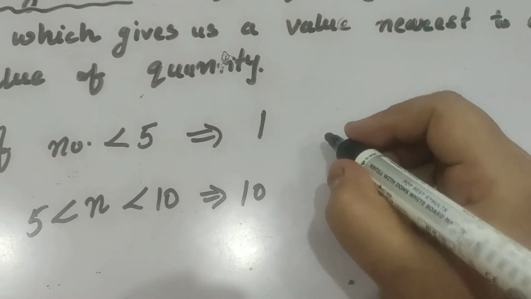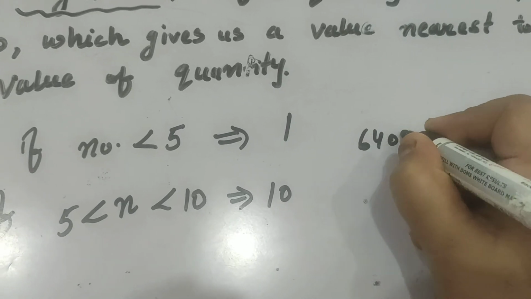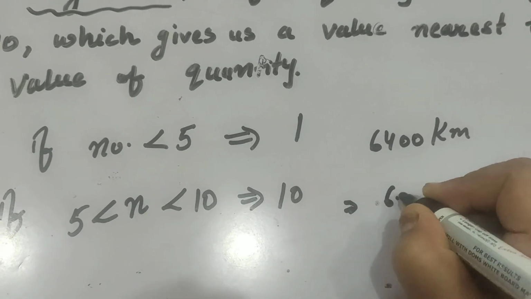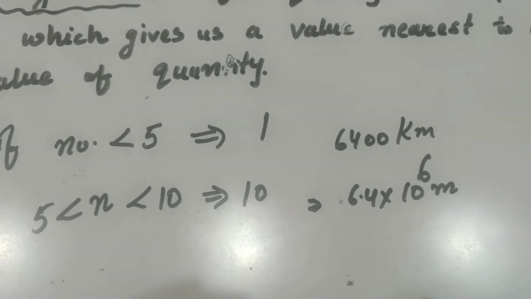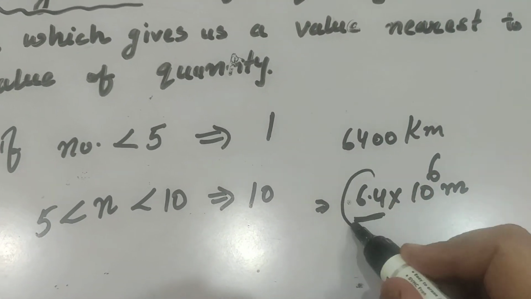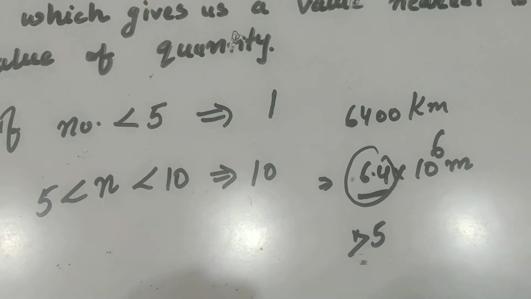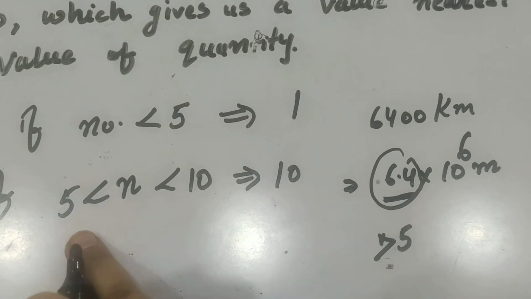For example, the radius of earth is 6400 kilometer, or we can write it as 6.4 into 10 raised to power 6 meter. Now we have to compare this number. Since this number is greater than 5, it means it is lying in this range.